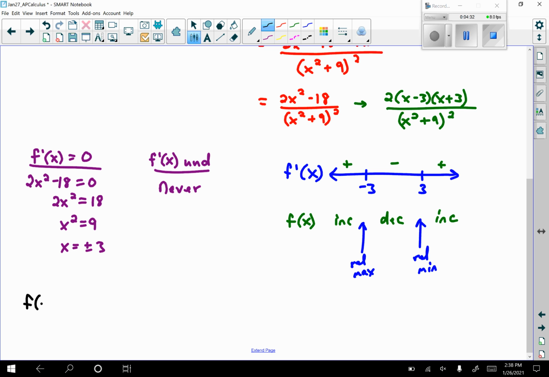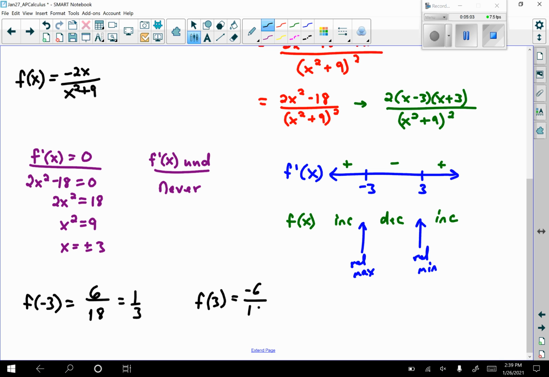So we would say f of negative 3, again, our function, let's squeeze this in up here, f of x is equal to negative 2x over x squared plus 9. So this becomes, we'll have a positive 6 in the numerator, and then we'll get an 18. So 1/3. And then f of 3 becomes just negative 6/18 or negative 1/3.